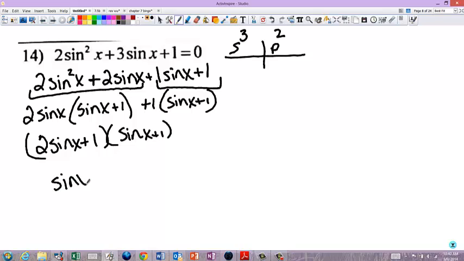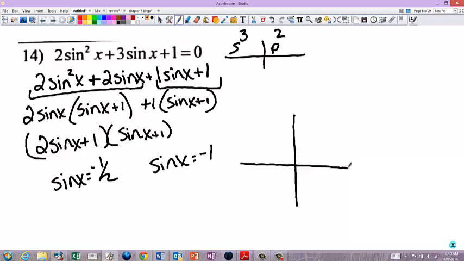So sine of x equals negative a half, and sine of x equals negative 1. Well, where's sine of x negative a half? Sine is a half at the 30s.